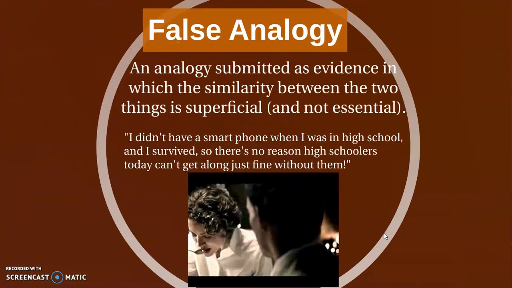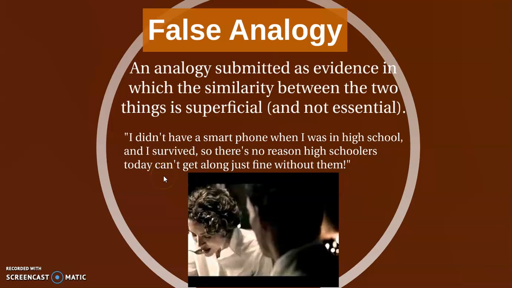A false analogy: we talked in chapter 6 about how an analogy is a comparison, and we can use that in support of an argument as a piece of evidence, but it's important to make sure that the comparison you're making is valid. So in this example, they're not really comparing two things that are very, very similar.